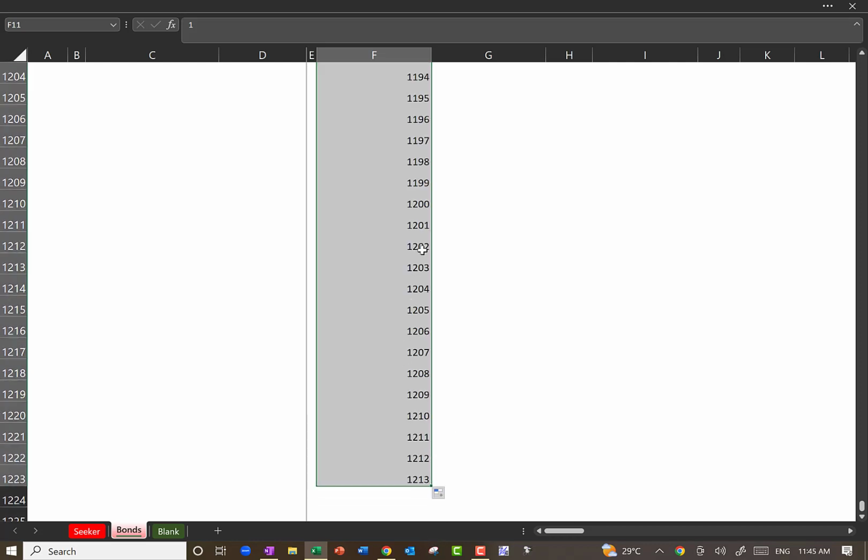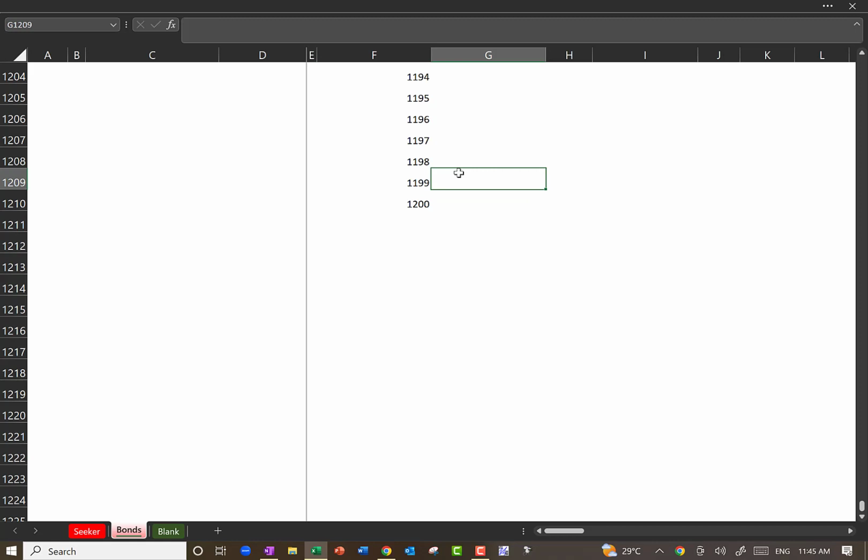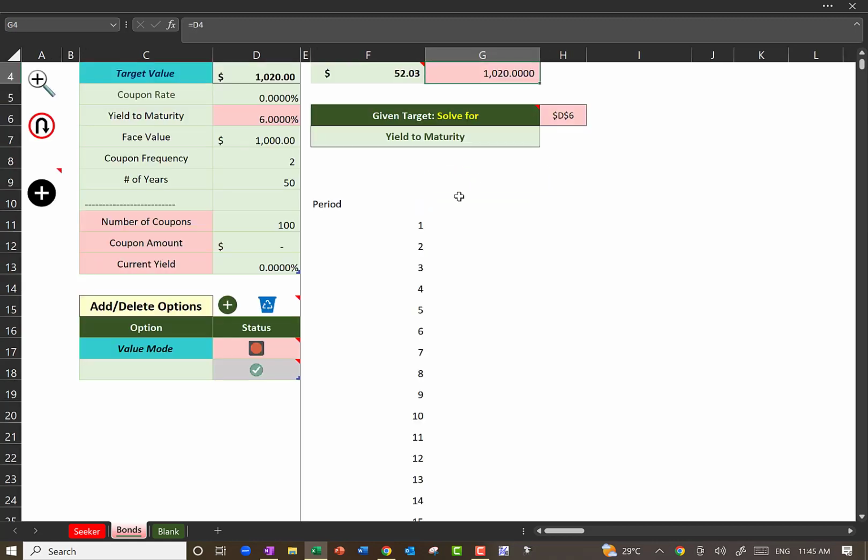Cash. If the period is greater than number of coupons, obviously I get nothing, all right?